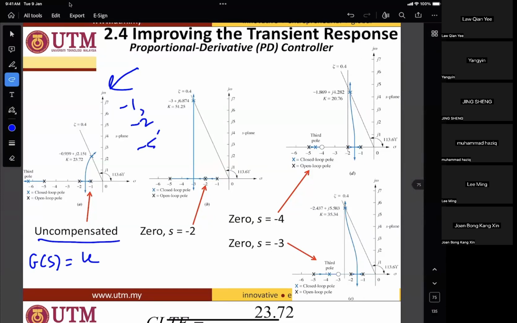So it is S plus 1, S plus 2, and S plus 5. Correct. I asked what is the open loop transfer function from this root locus plot. So it is K over S plus 1, S plus 2, S plus 5, because we have 3 open loop poles and no open loop zeros.